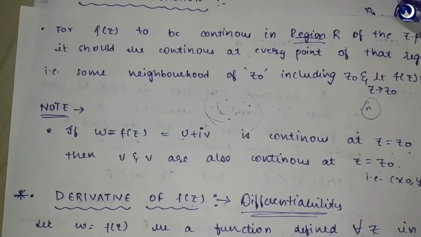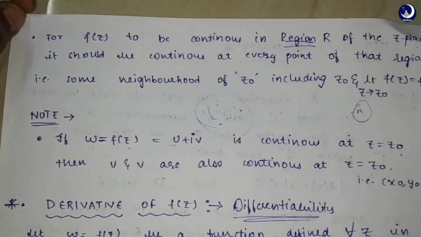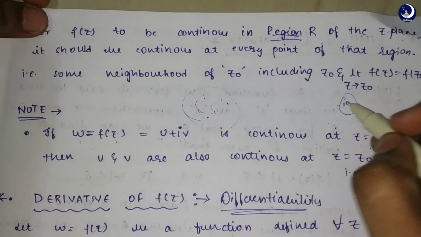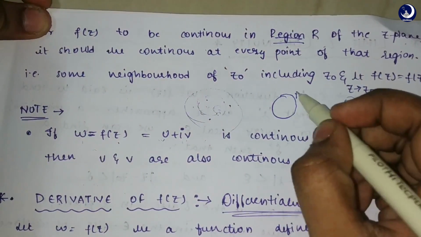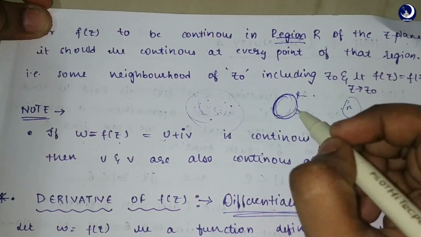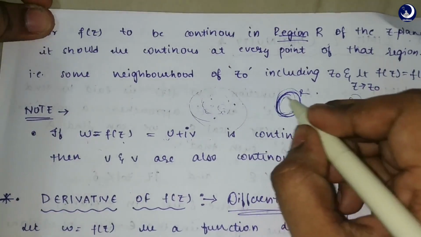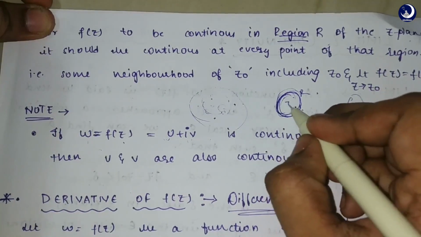Also, just a few points. If you need to define a function as continuous in a particular region, then that function should be continuous at every point in that region, including z0.